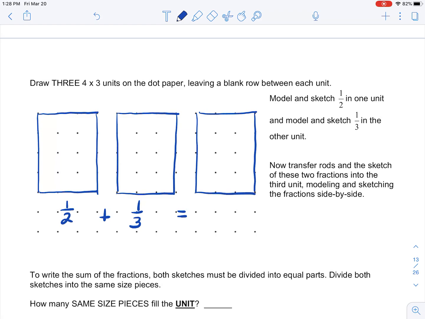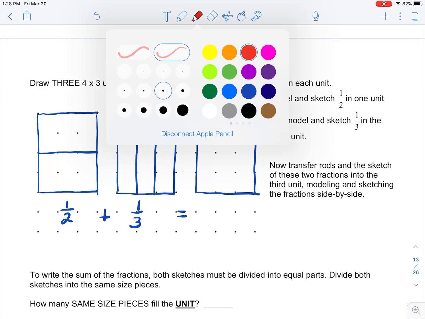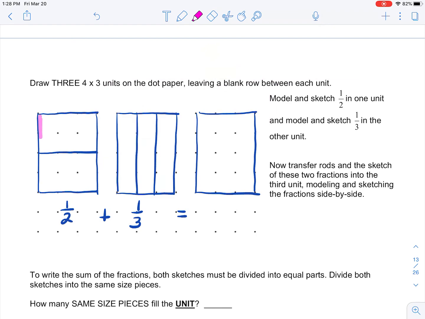Notice I have the same size units. It's 1/2 of the unit, 1/3 of the unit. Now this we haven't done before, but half of this will simply be dividing it in half like this. And 1/3 of it will be like this. So I'll model 1/2, and I want to use one color here for this.